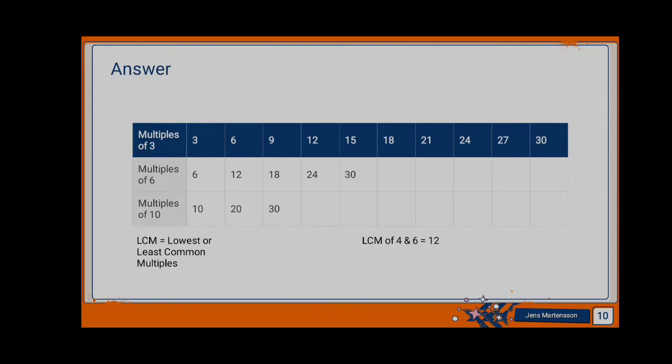Multiples of 6 are 6, 12, 18, 24, and 30. Multiples of 10 are 10, 20, and 30. The LCM of 3, 6, and 10 is 30.